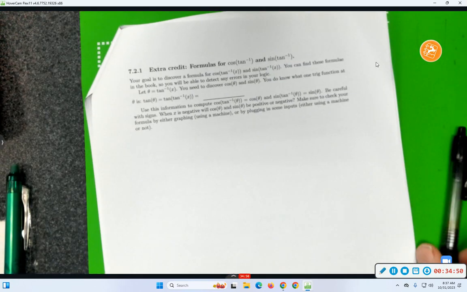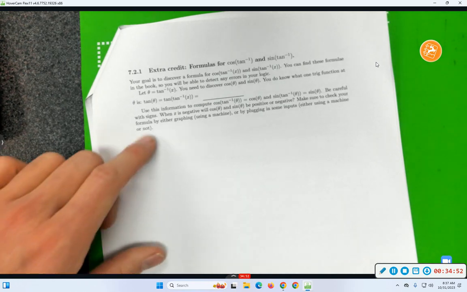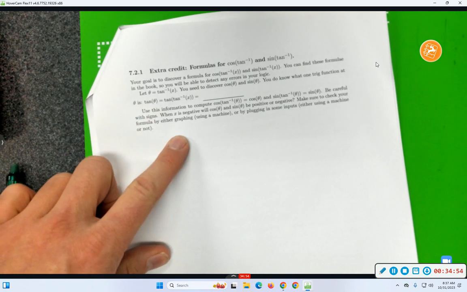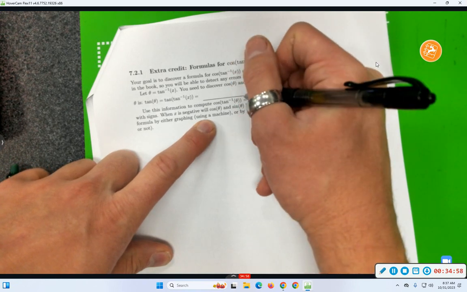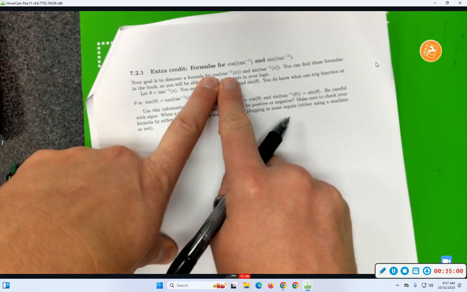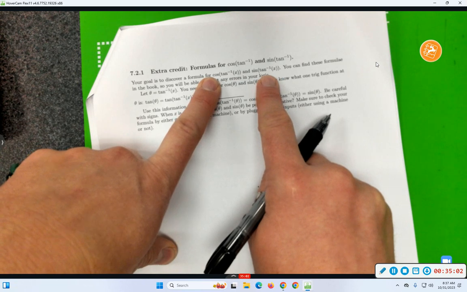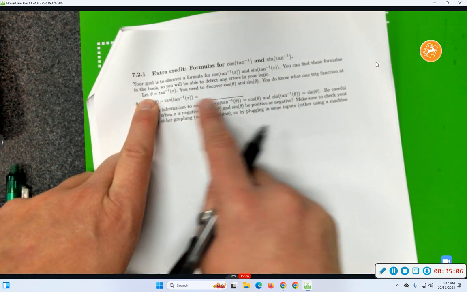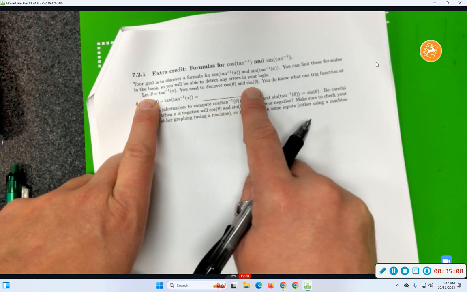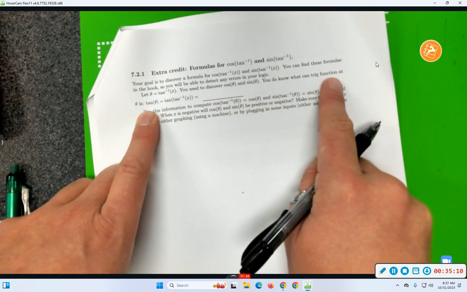If you want to do this for cosine of inverse tangent, oh, there's all kinds of typos. You want the cosine of inverse tangent of x and the sine of inverse tangent of x. You want both of those in this section. Let's let theta be the inverse tangent of x. You need to discover cosine of theta and sine of theta. So you do know one trig function of theta.